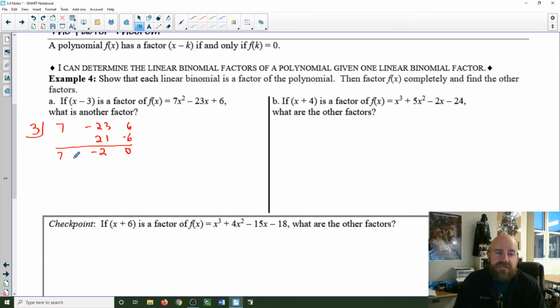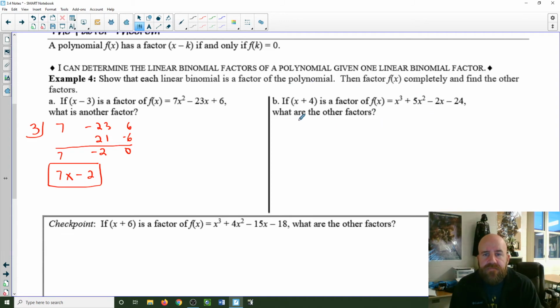So we know if we write this as a polynomial, we're dropping down 1 power because we divided by a linear. So that would be 7x minus 2. And whenever we get an answer, we look to see if we can factor it further to see if there's more than one factor. But this cannot be factored, so 7x minus 2 would be the other factor of that function.